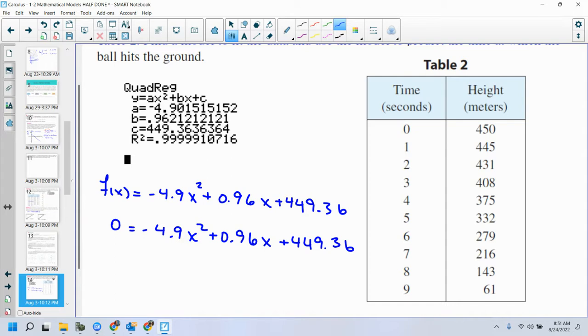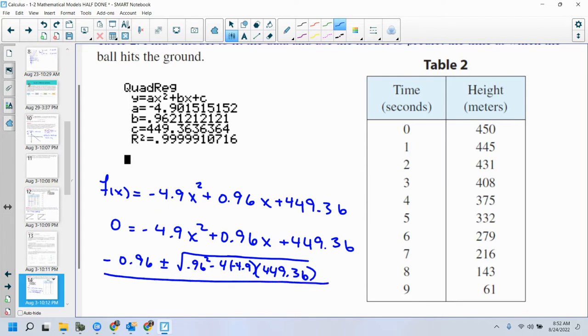Well, the easiest method is probably the quadratic formula. I got some messy decimals, but whatever. I could do that: opposite of b plus or minus the square root of b squared minus 4ac, all over 2a. Negative 0.96 plus or minus the square root of 0.96 squared minus 4ac, all divided by 2a.